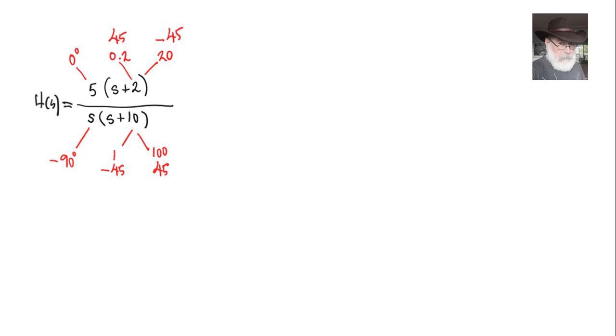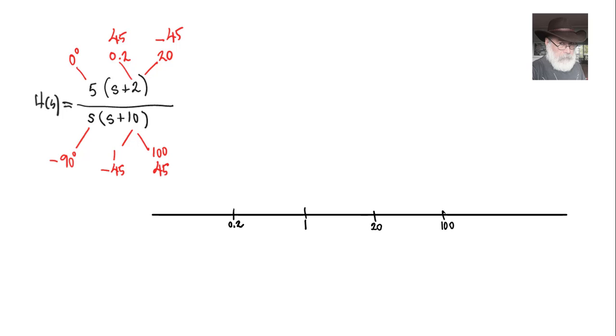Let's move that to one corner and do the usual not-to-scale sketch where we add the corner frequencies 0.2, 1, 20, and 100 radians per second, and the slope contributions of 45 degrees per decade, negative 45 degrees per decade, and so on.